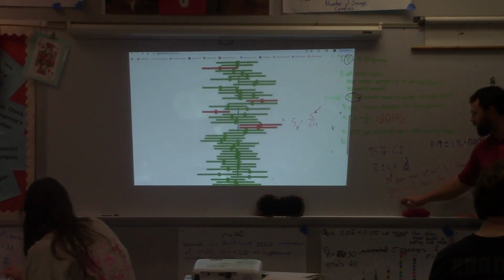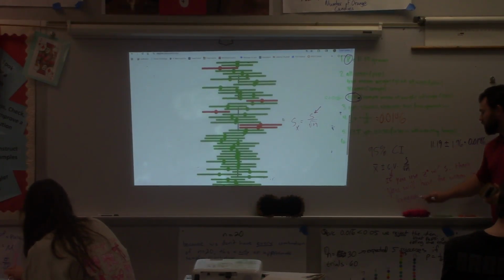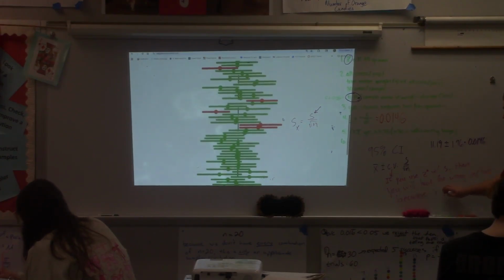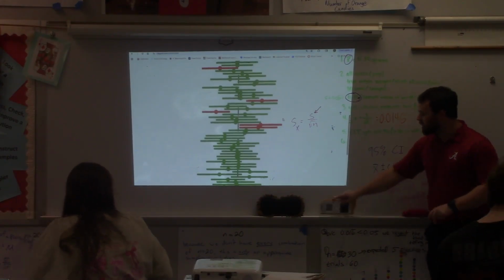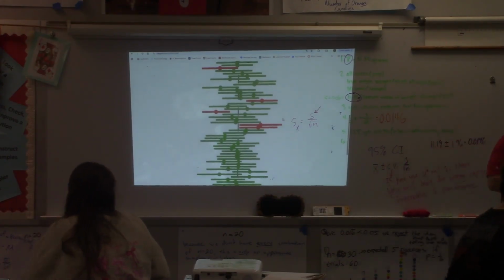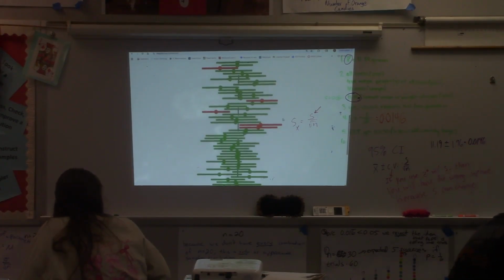And that is because, what can S do? S can change. Depending on the sample, that S value will be different, making our interval wider or narrower. If your sample has a small standard deviation, your interval is going to be narrower.